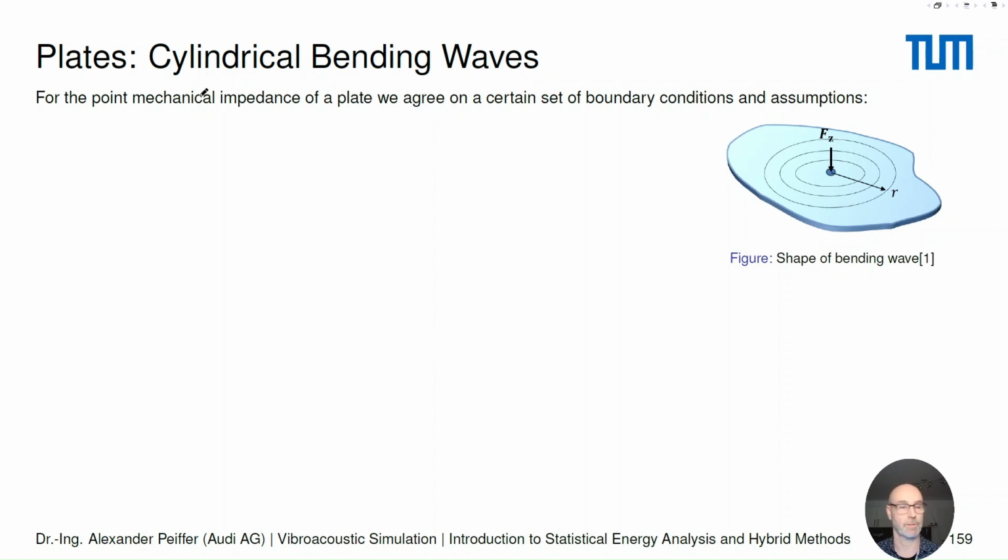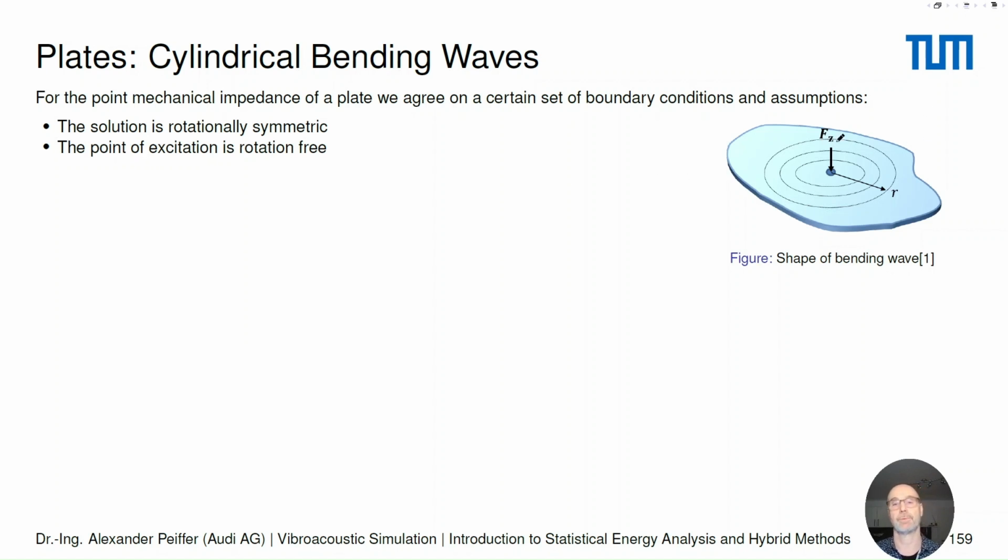A cylindrical wave would be radiated by a force that is exciting a plate, as denoted here. It will be a cylindrical wave propagating away from the force excitation somewhere in our plate. So we assume that the solution is totally rotationally symmetric.